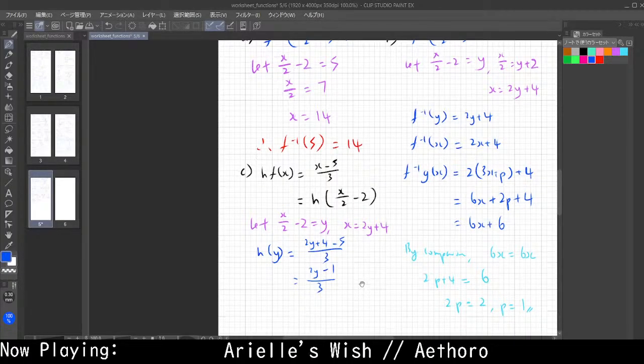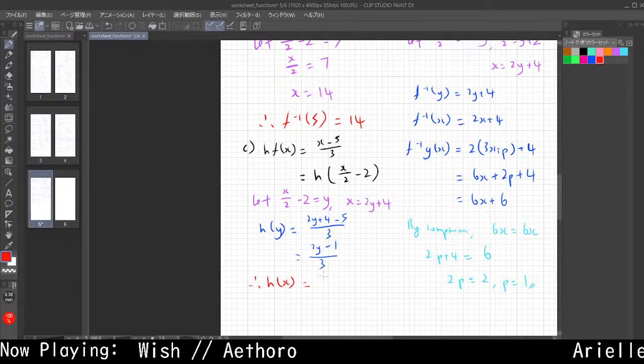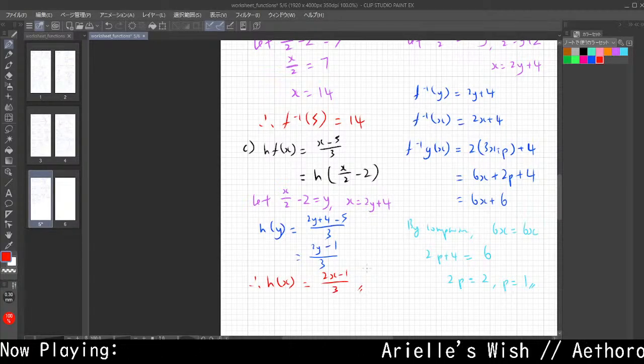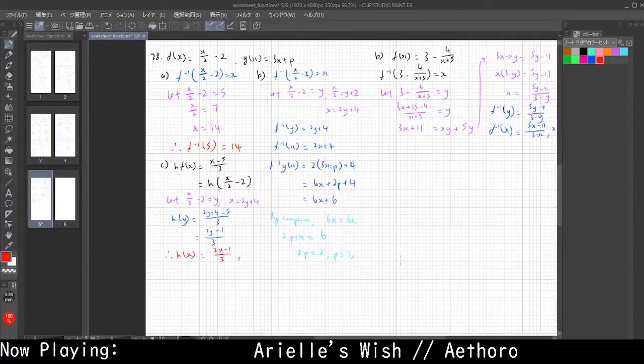Therefore h(x) is equal to (2x minus 1) over 3. Okay, this is your answer. Yeah, that's basically it. Okay, question 2 done.